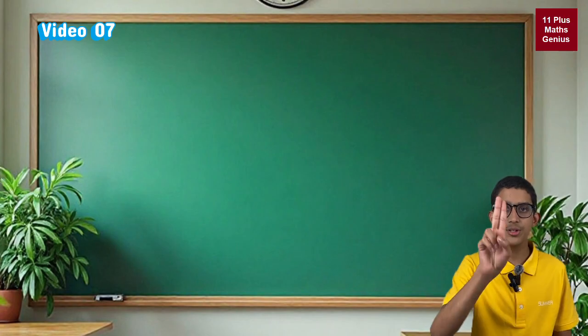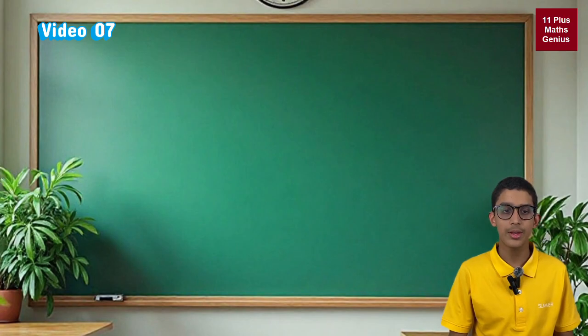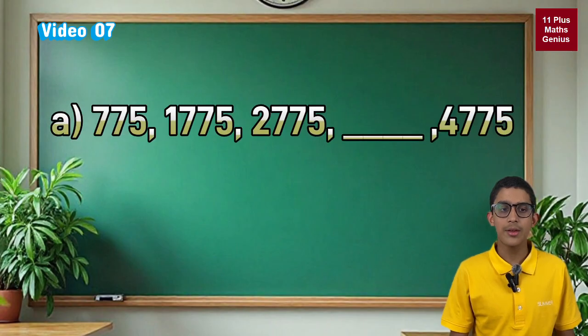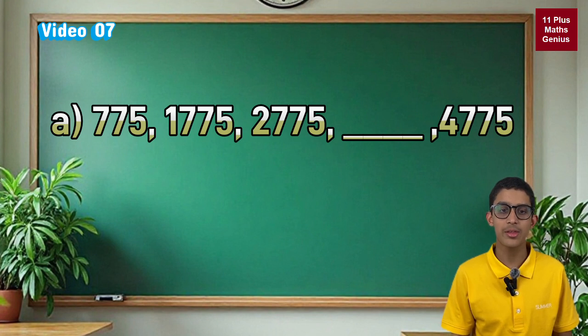Practice question 2. Find the missing terms of the sequence. A. 775, 1775, 2775, the missing value, and 4775.